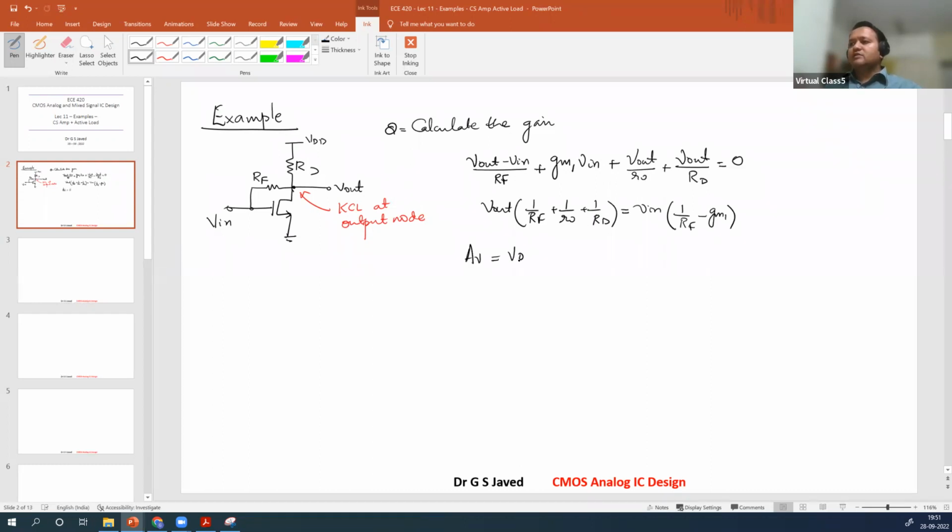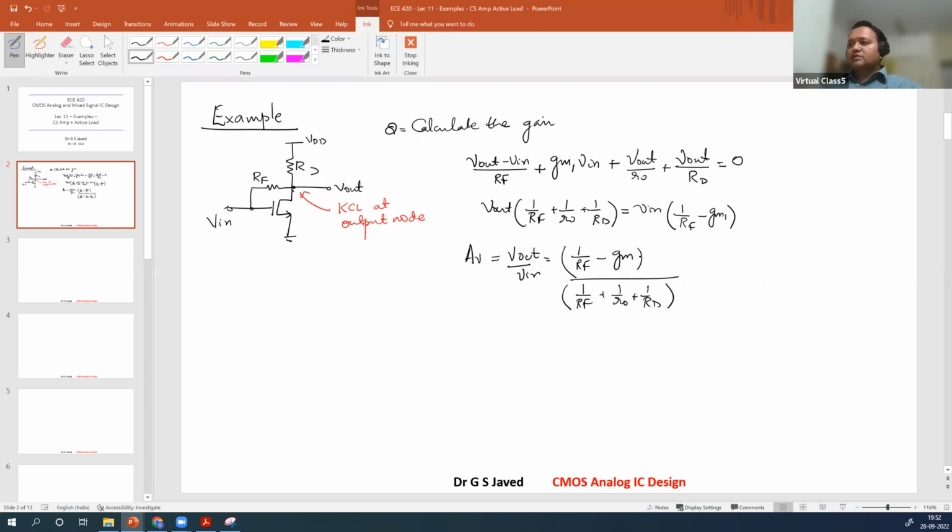Gain Av is Vout by Vin equal to 1 over RF minus gm over 1 over RF plus 1 over R0 plus 1 over RD. So this is the gain.